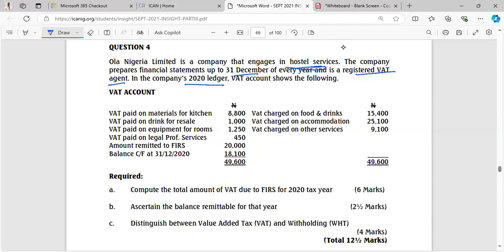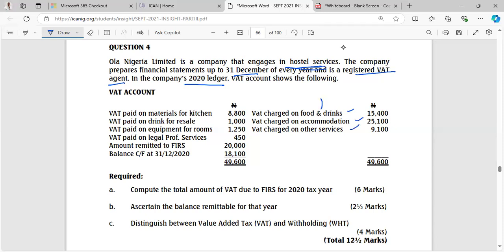So now we'll be looking at the output VAT. The output VAT are those things that are being charged by the company on customers, which includes VAT on food and drinks, VAT on accommodation, VAT on other services.